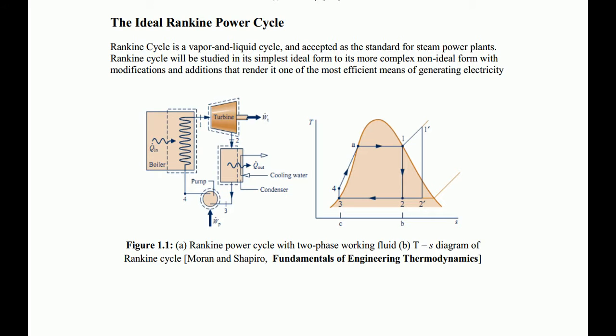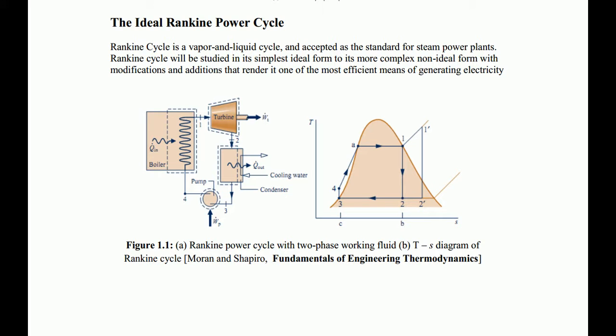On the TS diagram and the vapor dome of water, this curve is a saturated vapor curve, and this curve on the left, as I am showing through the arrow, is known as saturated liquid. So what does boiler naturally do? It only converts water into saturated steam, not into the superheated region, only into saturated steam.